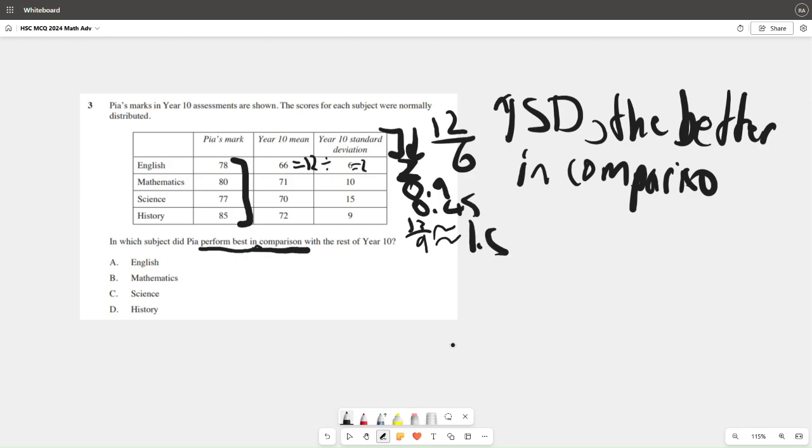So 2 is the most standard deviations above the average, so it's going to be English. It's going to be A. Okay, so very important in this question not to just pick the mark straight away, right? It's not the highest mark, it's the highest standard deviation above the average. All right.